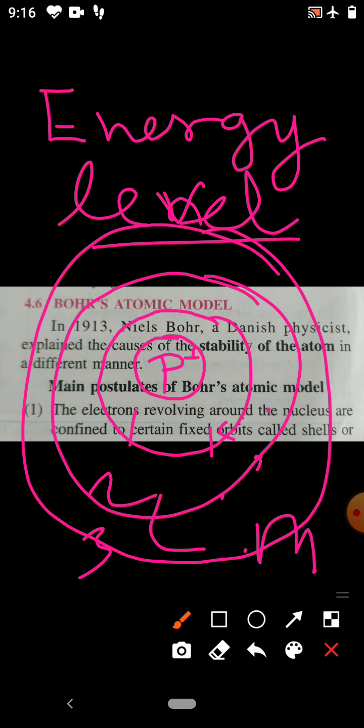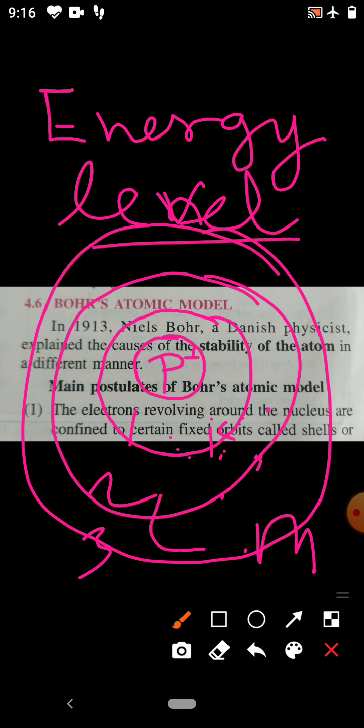And when the electrons rotate around the nucleus in one of the energy levels, they neither lose nor absorb energy. When energy is supplied to the atom, then electrons move to an orbit of higher energy level.